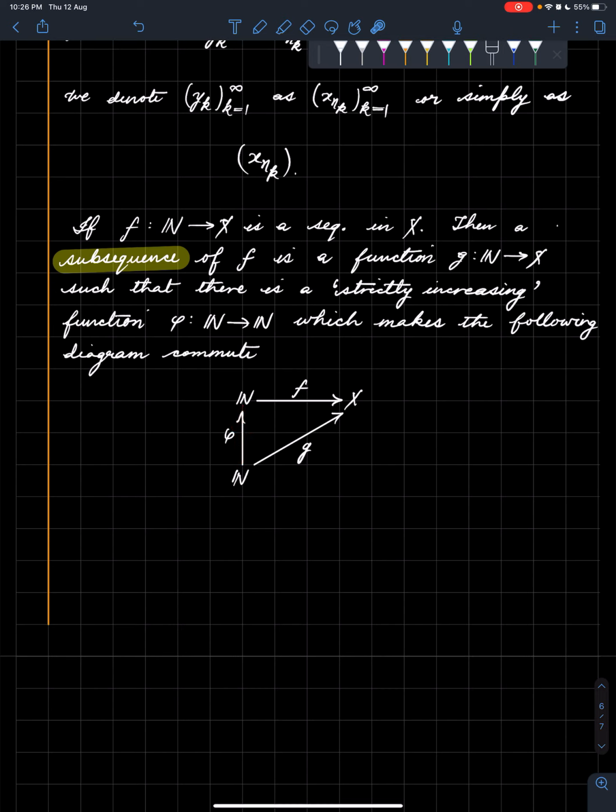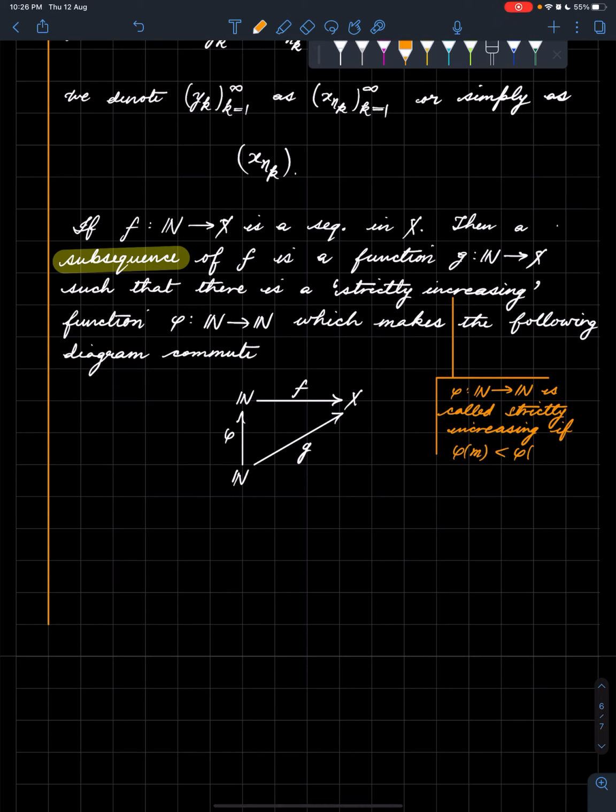So what do I mean by strictly increasing function? Let me define that here. Phi from n to n is called strictly increasing if phi m is less than phi n whenever m is less than n.